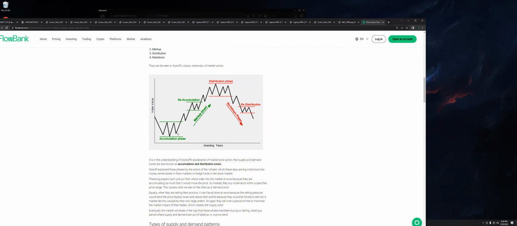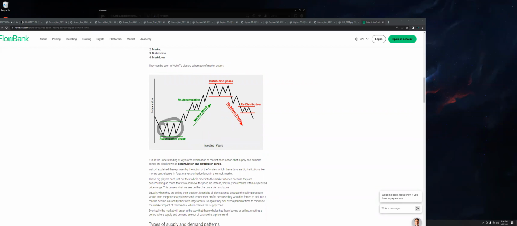So everything that you see here is based off Wyckoff semantics of market action. We see the accumulation. Accumulation means what? It's bringing in the buy orders, but just know that there's still people losing inside of this accumulation phase. So when it does this, it's just buying and selling, buying and selling.